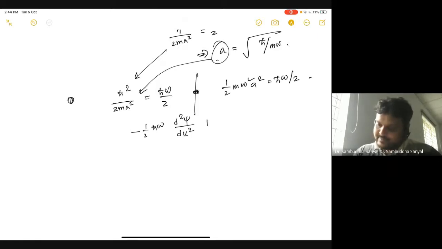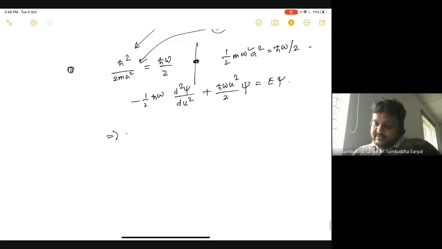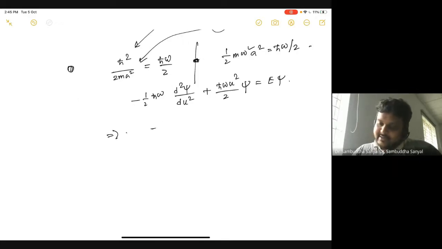So we get h-cut omega over 2 times minus d2 psi by du2 plus u squared psi equal to E psi. So now I can rewrite it as minus d2 psi by du2 plus u squared psi equal to epsilon psi. Now this epsilon is basically energy in a unit-free coordinate, because this epsilon is nothing but 2E by h-cut omega.